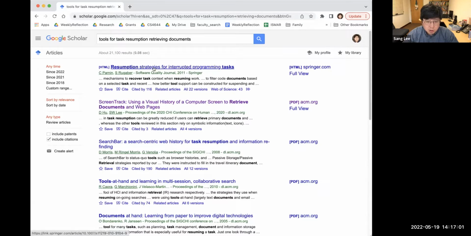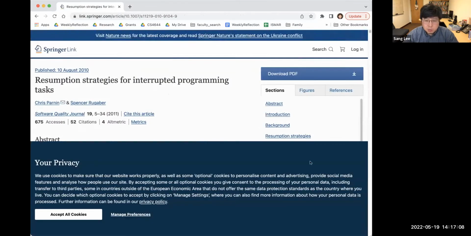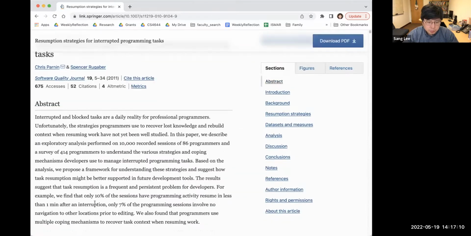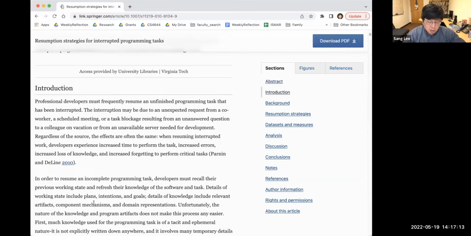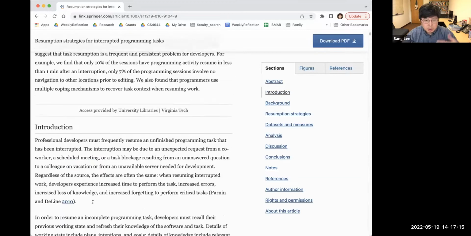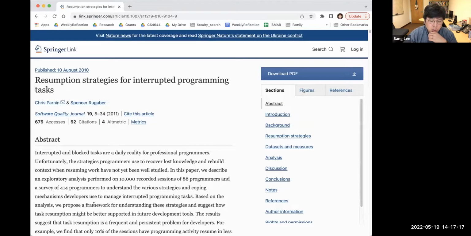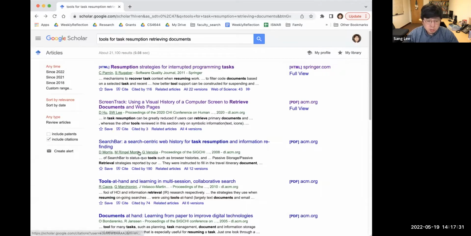But you can see in general the title of this paper, and if you click it, you'll be able to see the paper typically. You have the abstract and introduction, so you can actually read the paper. It may depend on whether your institution has access to the publisher's subscription or not. If you're not affiliated with any institution, maybe you have to pay, or if it's an open access article you can download it.